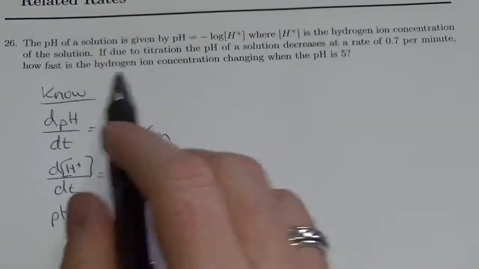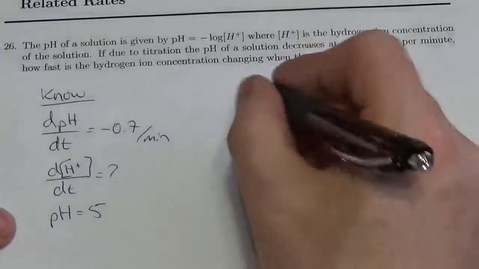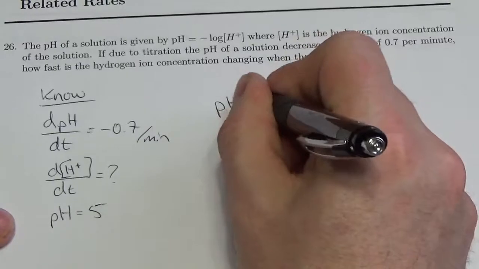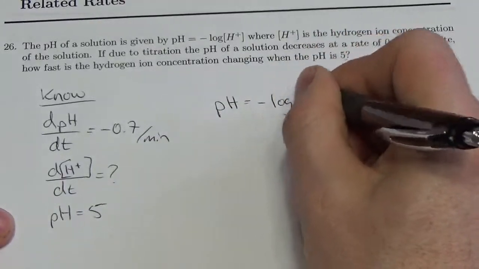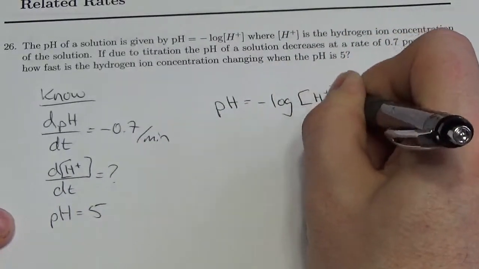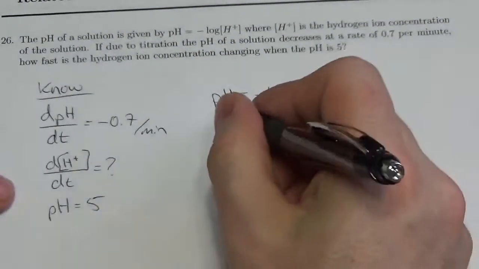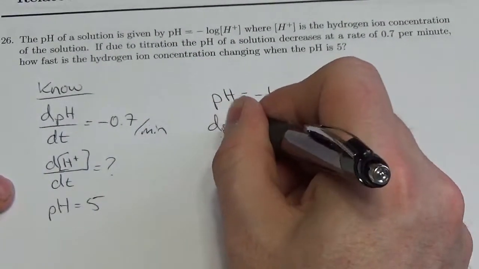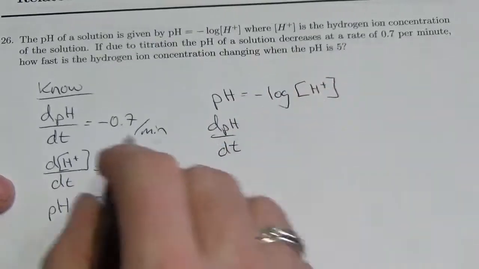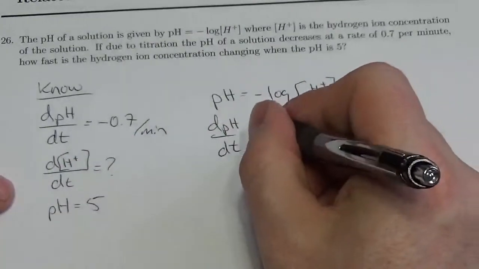What's the relationship between the pH and the hydrogen ion concentration? Well, we know what it is. It's pH is equal to negative common log of the hydrogen ion concentration. So now if we just jump in and take the derivative dpH by dt, now I know what that is. It's going to be negative 0.7, so that's good.